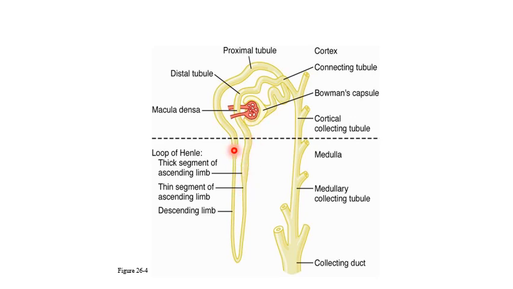These have unique characteristics in terms of the histology, the types of epithelial cells, and the characteristics of these epithelial cells in terms of permeability to water or salts. We will discuss this later in detail.